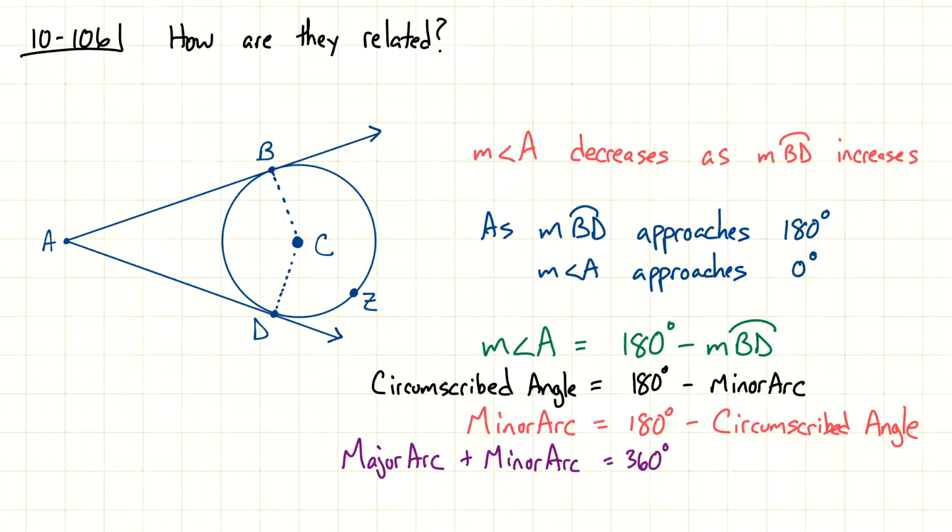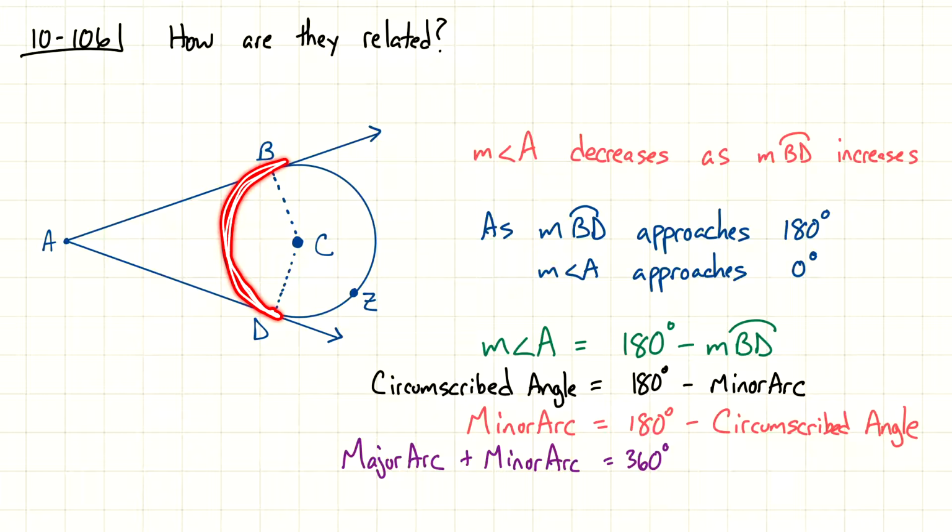All right, so some things we need to know are that the measurement of this angle gets smaller, it decreases, as the measurement of the arc increases. I show this to you on the picture of the satellites. As this angle got smaller, the satellite gets further away, and the visibility, or how much we're able to see, gets bigger.